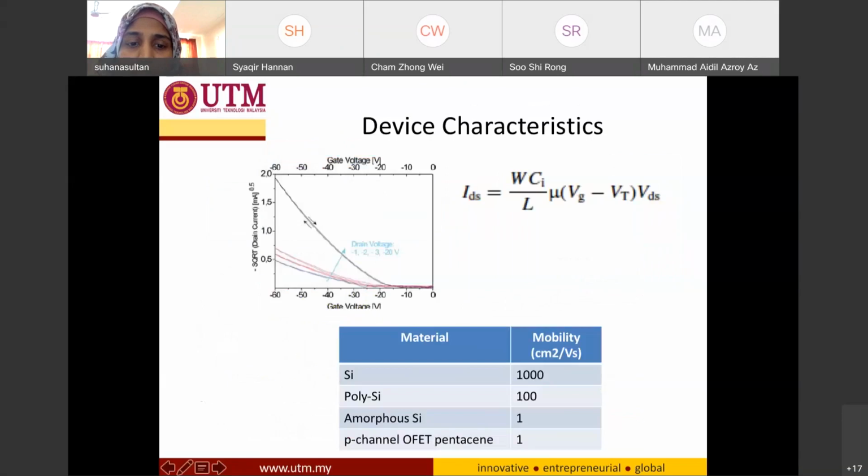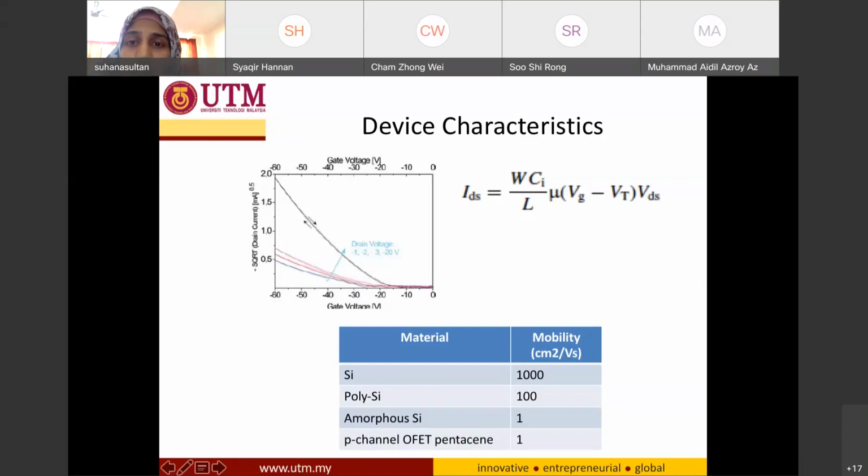It is the maximum that they have achieved so far. I think for this paper, it's only 1 cm squared per volt second, or I think less than that. If you compare with amorphous silicon, silicon or polysilicon, which has been reported previously, this organic-based transistor is very low in terms of mobility.